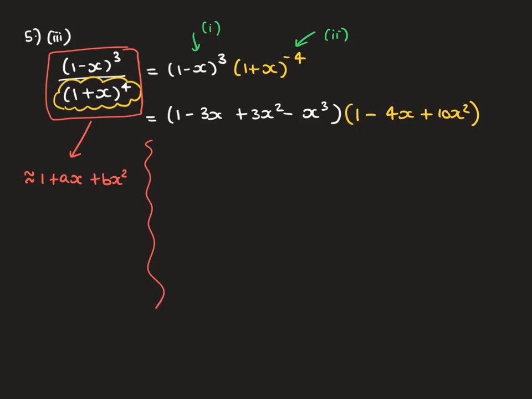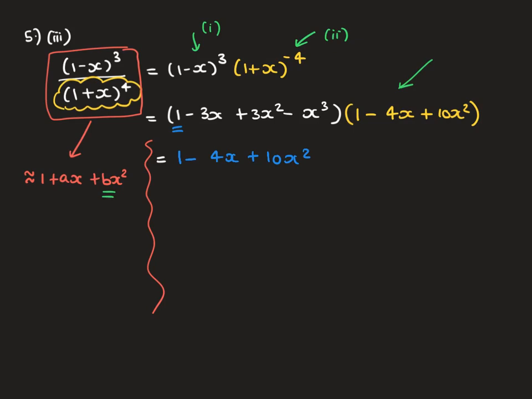So that means when we do this expansion on the right hand side over here, we only want to go up to and including the term in x squared, because that's as far as we're taking this approximation. So I'm going to multiply everything in the yellow bracket by 1 first of all, which gives me 1 minus 4x plus 10x squared.